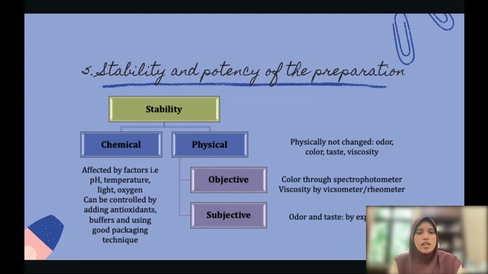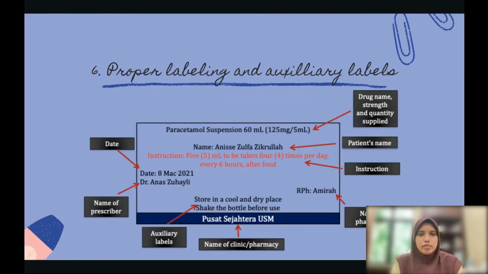Okay, but this would not be able to be done by patients, so we have to tell the patient to be alert. The patient has to be alert to the physical changes of the product, so that the physical changes might tell us something about the chemical aspect of the product.